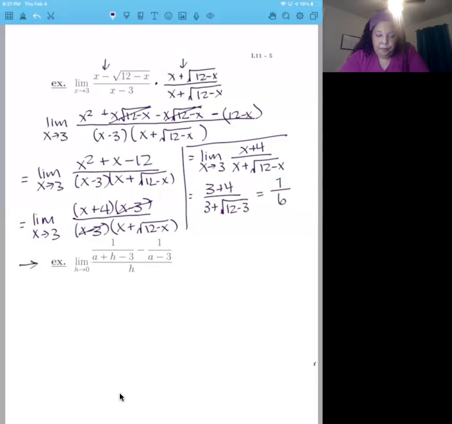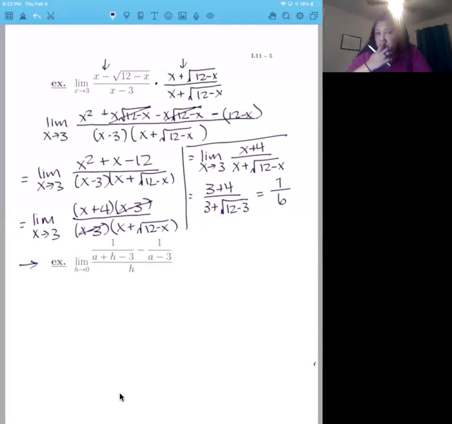Last example, I have a fraction within a fraction. So what we want to do is get rid of that. There's a couple different ways. You can find a common denominator in the numerator and then simplify.